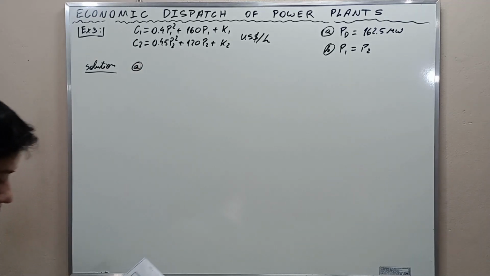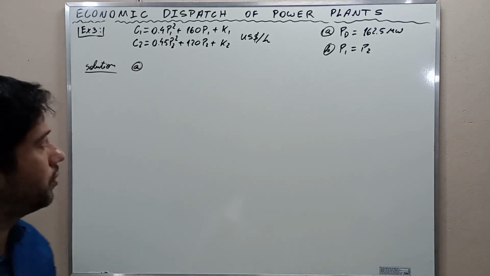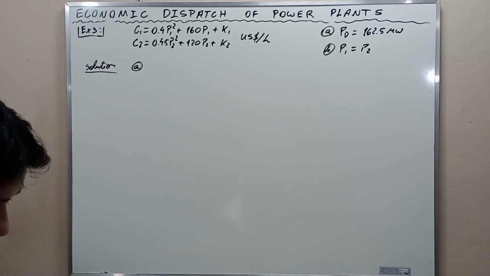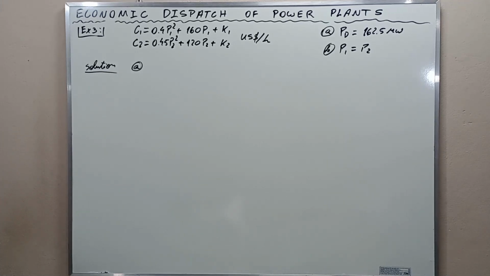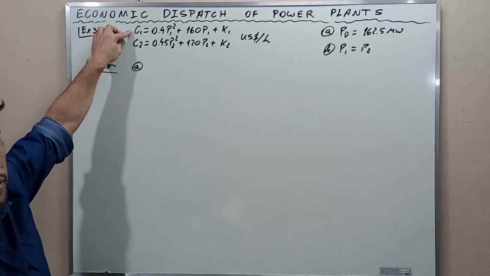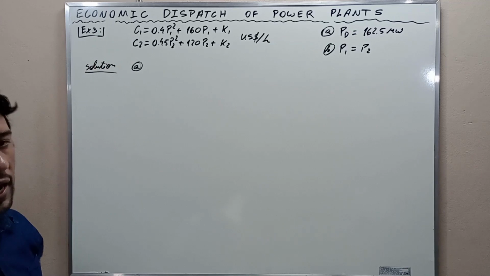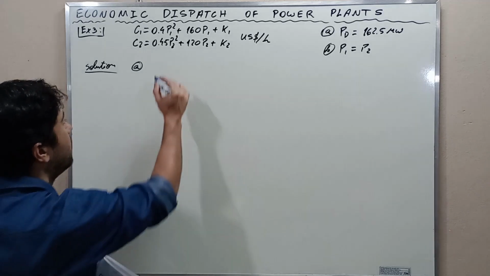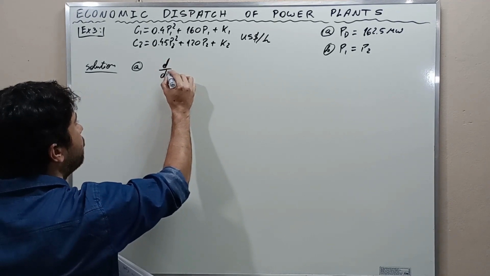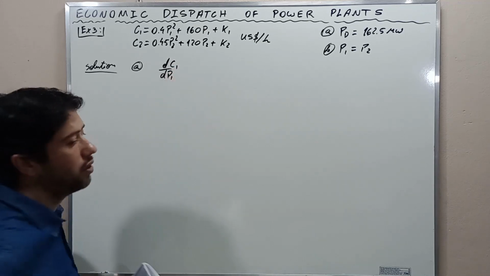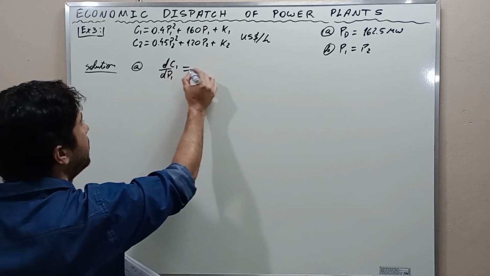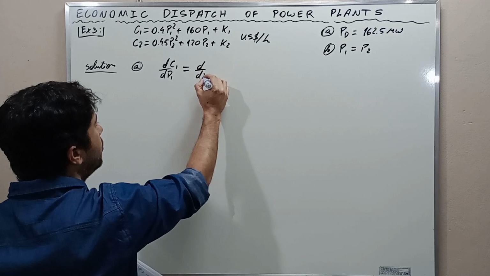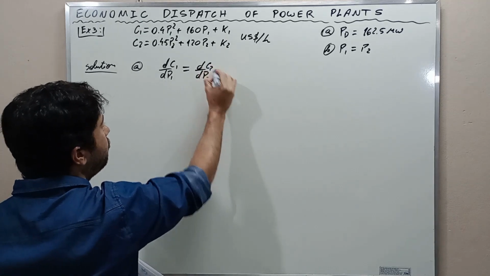For letter A, we are going to calculate the optimum load dispatch. For optimum economic dispatch, the incremental costs of operating generating unit 1 and 2 have to be equal, as we saw in the previous exercises. What does it mean? It means that the derivative with respect to P1 of C1 has to be equal to the derivative of C2 with respect to P2.